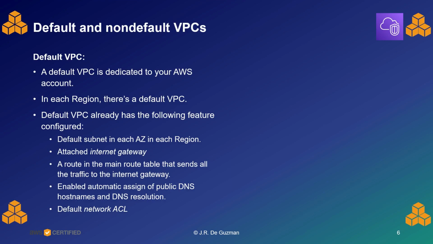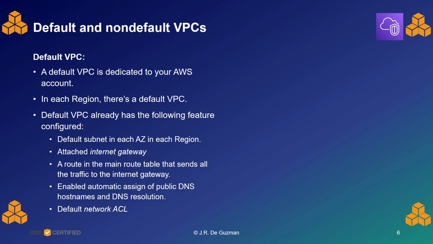When you create your default VPC, there's a default main route table. With the combination of that main route table and the attached internet gateway, the EC2 instances in the public subnet have connectivity to the public internet via the internet gateway.